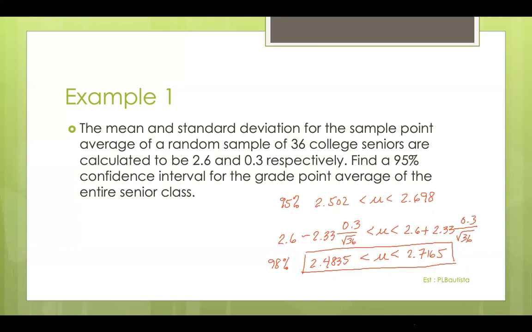However, it does not provide you any information, because it is obvious already that the GPA is between 0 and 4. So normally, we want the confidence level to be as high as possible, but we don't go up to 100%. The usual values we go after are 90% and 95%. As long as it is a value higher than 90%, it's already quite a good interval estimate for us.